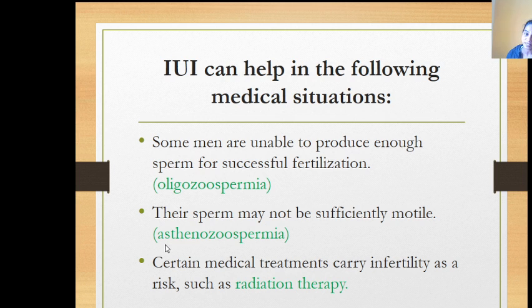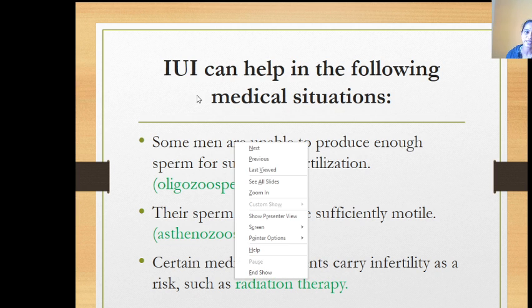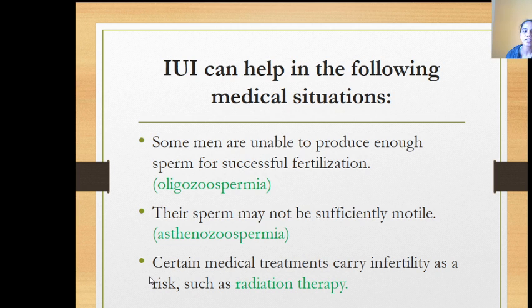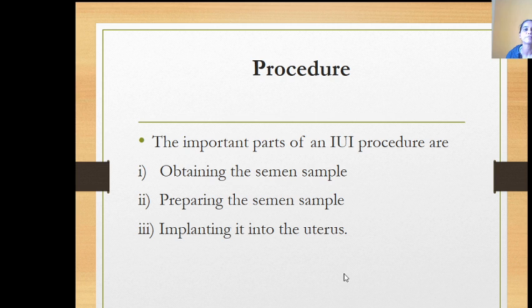The condition is called asthenozoospermia. In this condition also, IUI can be useful. Next, sometimes medical treatments can be a reason for infertility, such as radiation therapy. If someone is going for it, in that case also intrauterine insemination can be very useful.